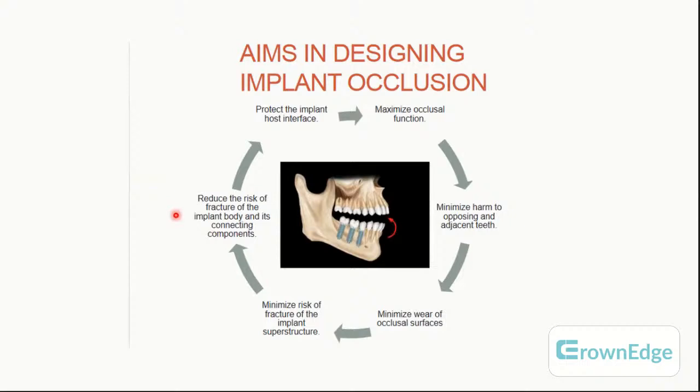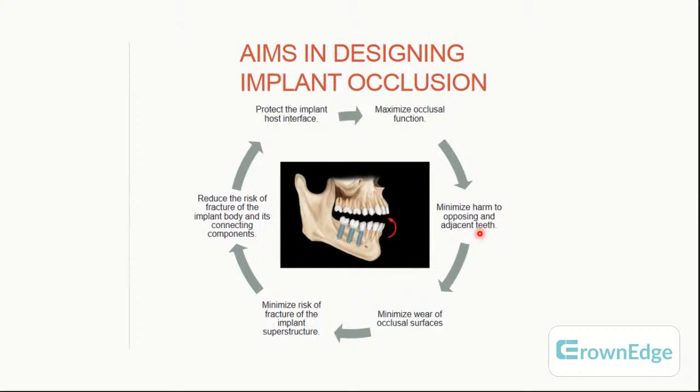So this is what we have to understand whenever we are designing an implant occlusion. Your implants are trying to simulate the same amount of jaw movement and forces which your natural tooth has, right? So minimize harm to the opposing and adjacent tooth. How do I do that? By making sure I give something called implant protected occlusion, in which there is not a very tight contact or bite between the implant prosthesis and the natural tooth.